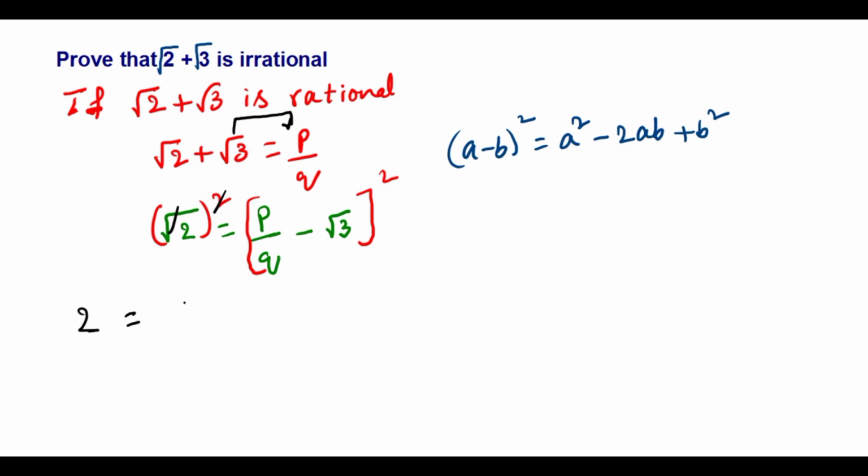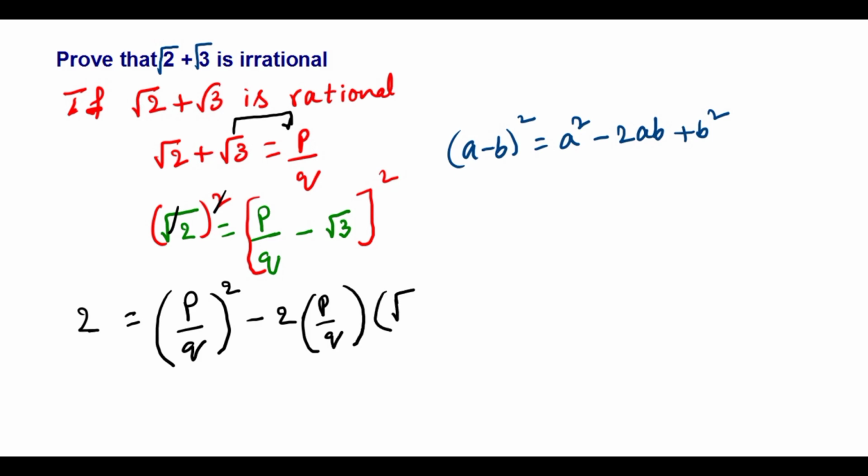That is a square minus 2ab plus b square. I wrote it in this form: minus 2ab plus b square. What is b square here?